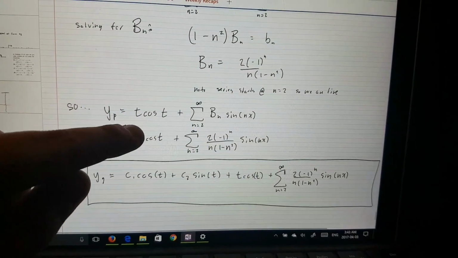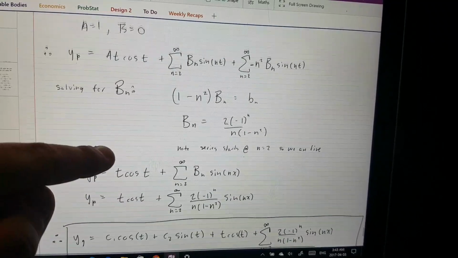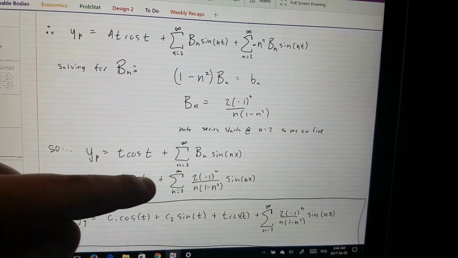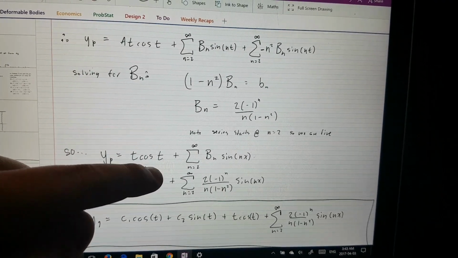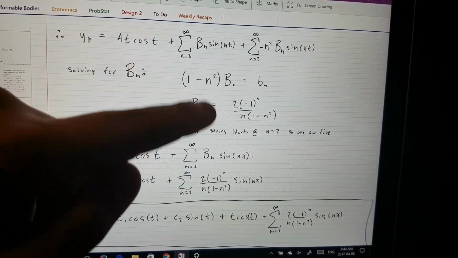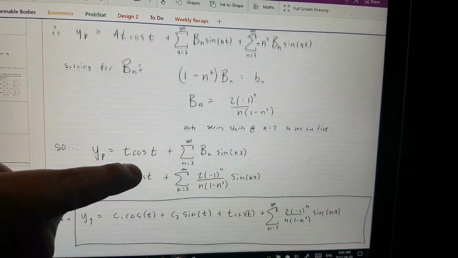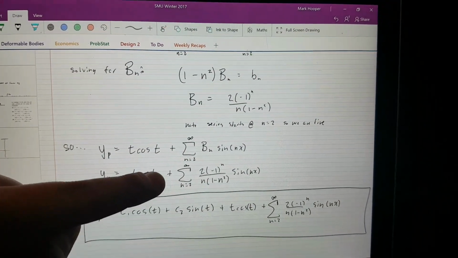So yp equals t cosine t, because it was a t cosine t, and a was 1, plus bn sine nx. So this bn, sorry, this notation's wrong, so I need to fix this. This is why I was worried about doing this video. It's going to be this, right?